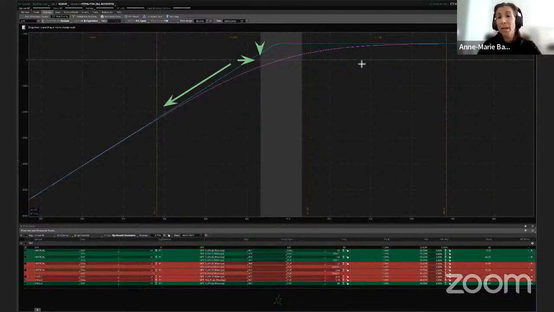If we sell the put and price goes up, we make the money that we sold the put for. Okay, so that is the nature of just selling something and just buying something.